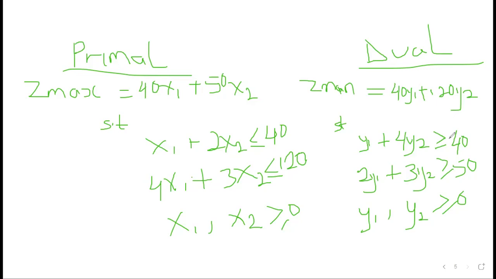And then you follow the steps, convert it into the standard form by introducing the slacks, equate your z function to 0, use the values to form your initial tableau. Then you continue with the process where we identify the pivot column, you identify the pivot row by using the ratios, then you use it to find whether you have reached optimality. If not, you know how to find optimality.